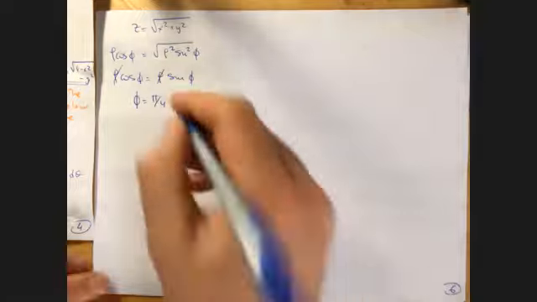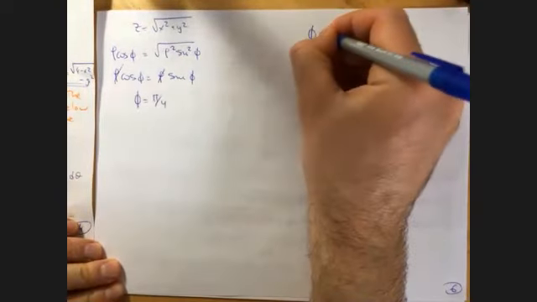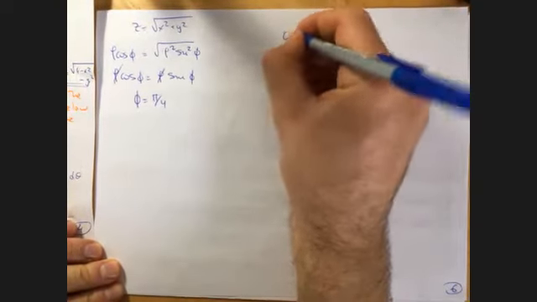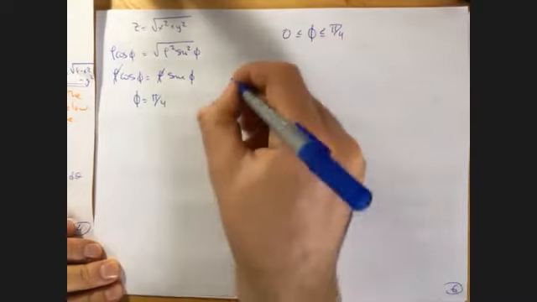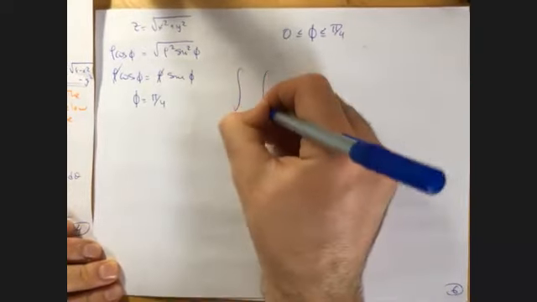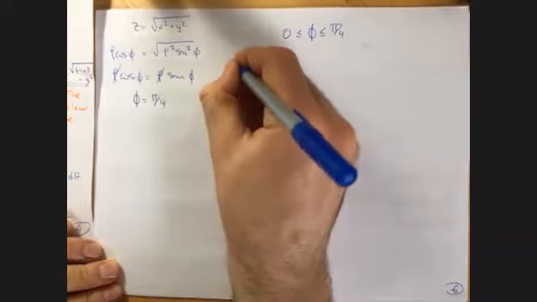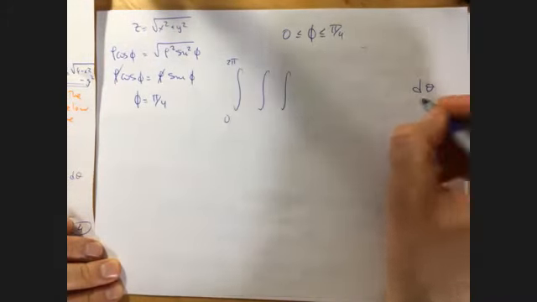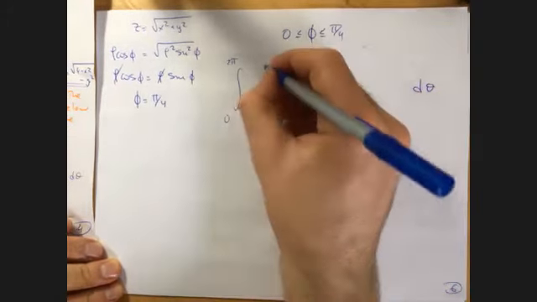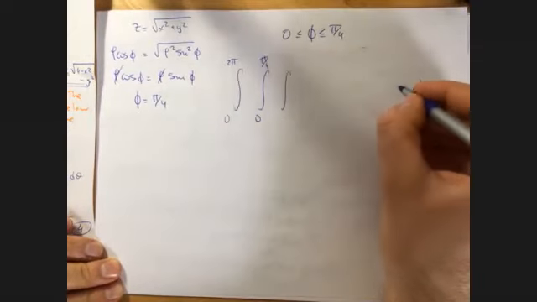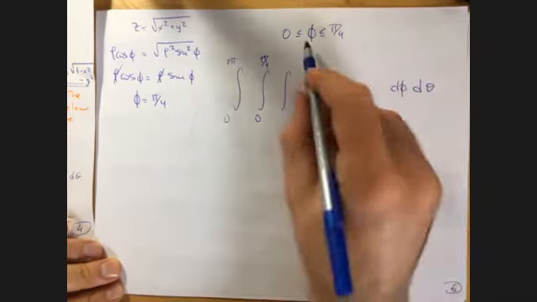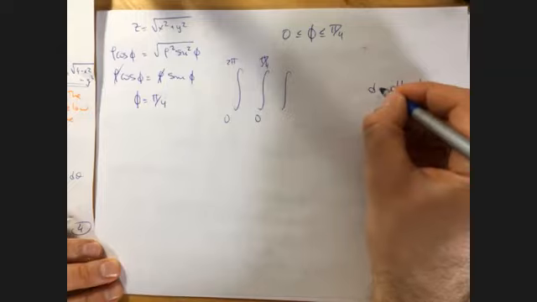Okay, sorry about that. So phi goes from 0 to pi over 4, and then the triple integral is from 0 to 2 pi d theta, from 0 to pi over 4 d phi, and then what did we say? The rho, I lost that.